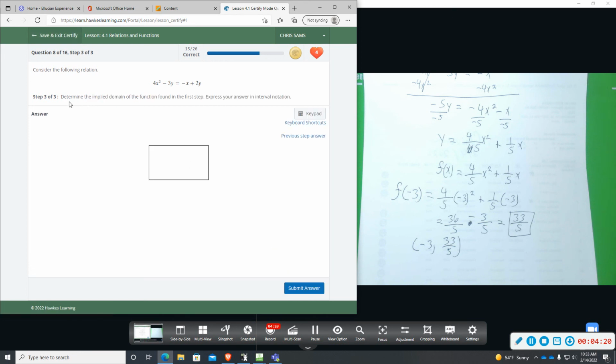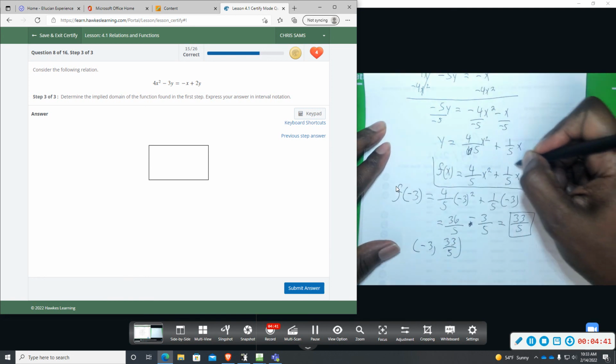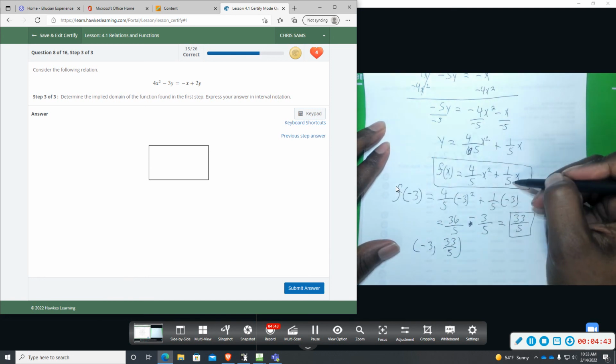And then part 3, determine the implied domain. Okay, so for the implied domain, if you refer back to, I can't remember what example it was, but I went over those 3 scenarios that you look for. So here is the function that we have. Do I have any variables in the denominator?